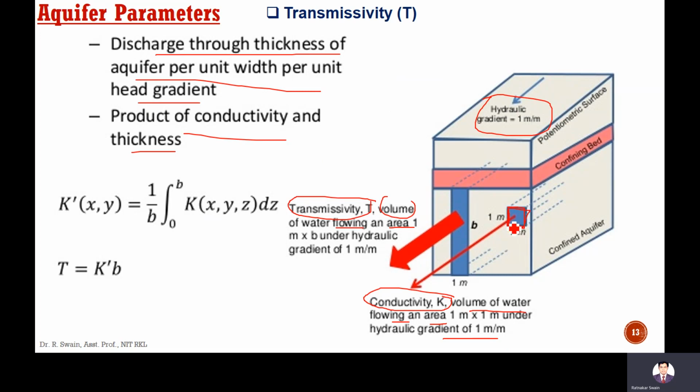For 1 meter thickness, flowing with 1 meter width, it is called hydraulic conductivity.